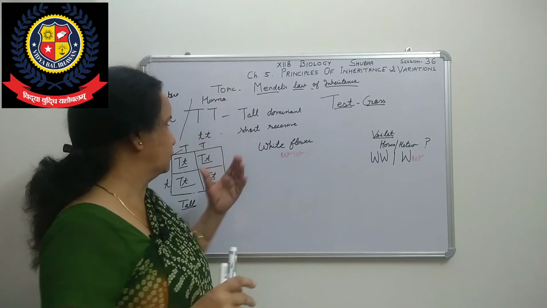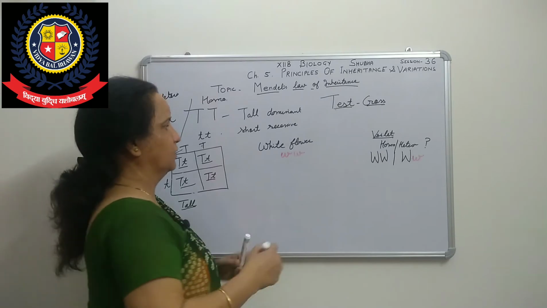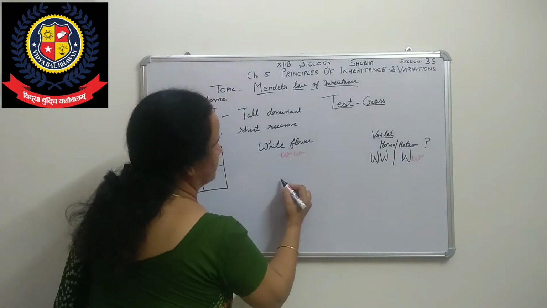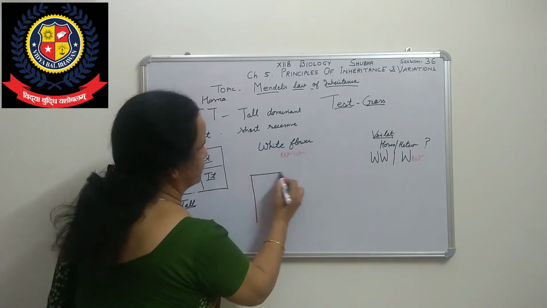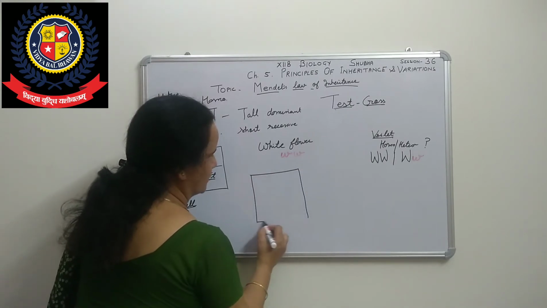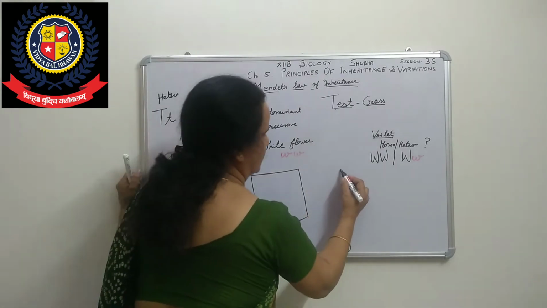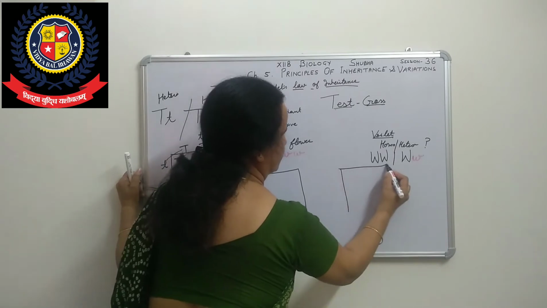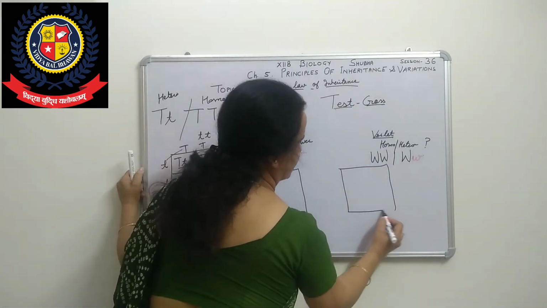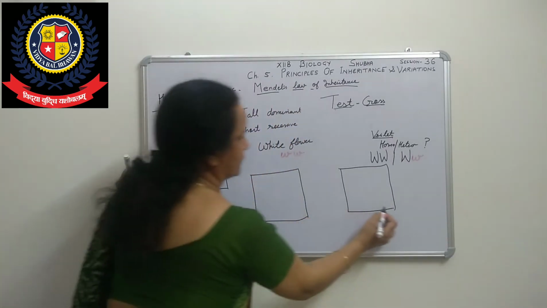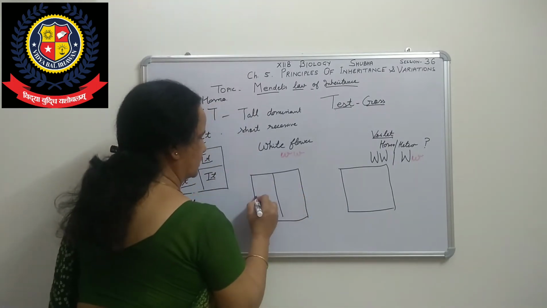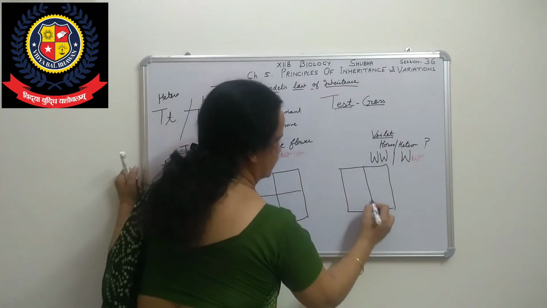So now we will use the Punnett square. Maybe here one Punnett square, and one Punnett square there, in both cases, and we can write like this.